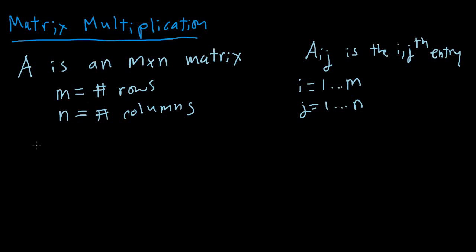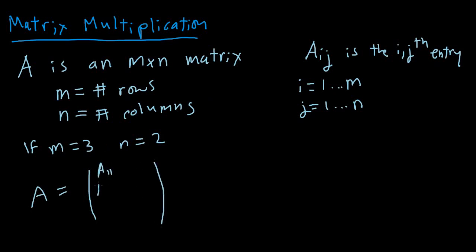So for example, if m equals 3 and n equals 2, then A would look something like this. It would be a 3 by 2 matrix, and its components would be A11, A21, A31, A12, A22, and A32.